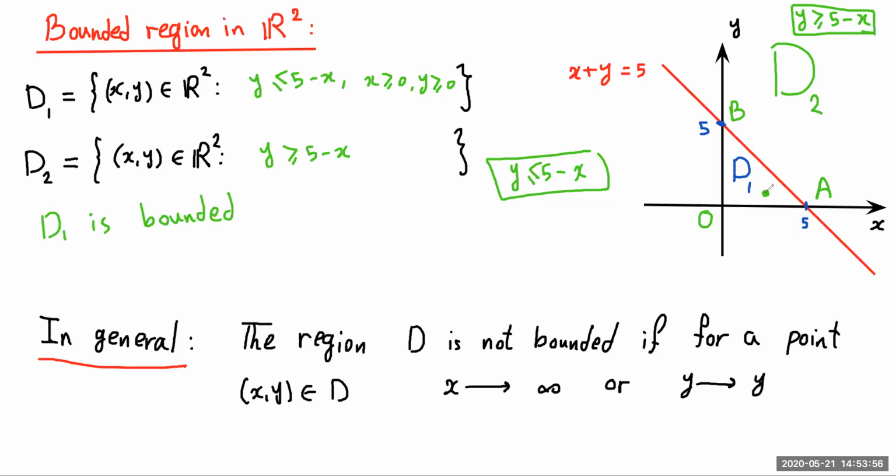If I suppose this point (x, y), x will not go to infinity, y will not go to infinity. So bounded means that for the points inside this region, x will not go to infinity, and y will not go to infinity. So D1 is bounded, but D2 is not bounded. Why? Because for the points in D2, x could go to infinity and y also.